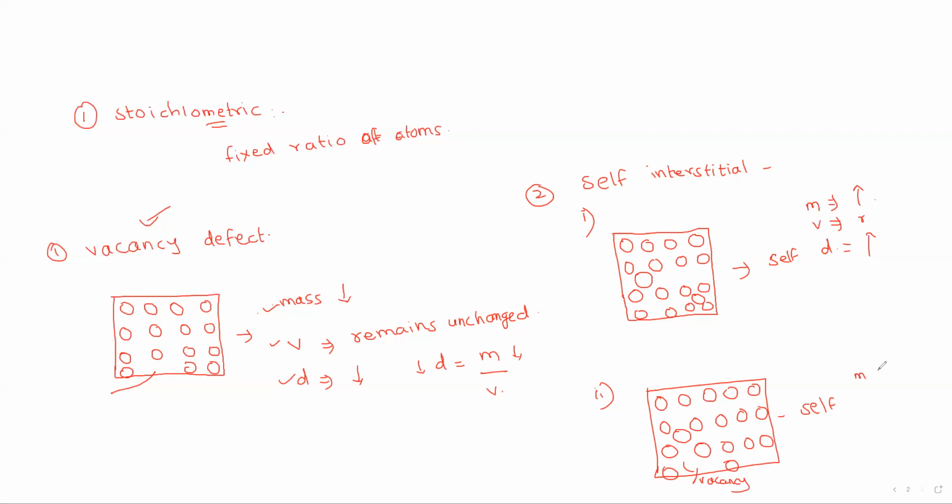So mass will remain the same, volume will remain the same, and density will remain the same. So all will remain the same. These are two types of stoichiometric defects: vacancy and self-interstitial. Then there are other types as well that we are going to discuss in our next video. Thank you.